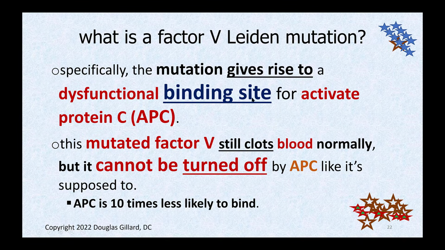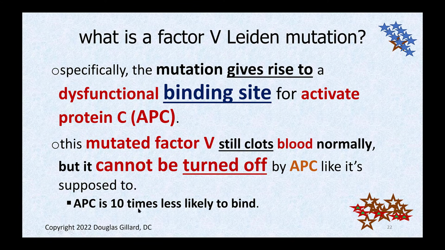Okay, so the mutation gives rise to a dysfunctional binding site, so APC can't bind to factor V. Note that the mutated factor V still can clot blood. It can still stimulate the coagulation cascade, no problem. But the problem is you can't turn it off, and therefore you clot or you develop thrombus.